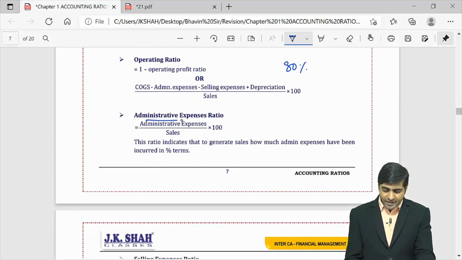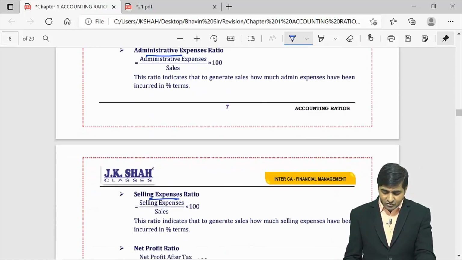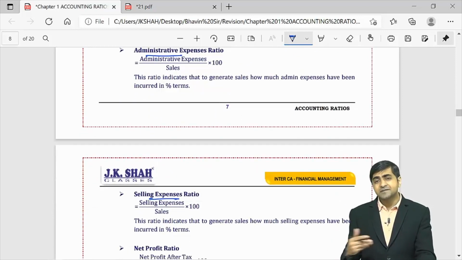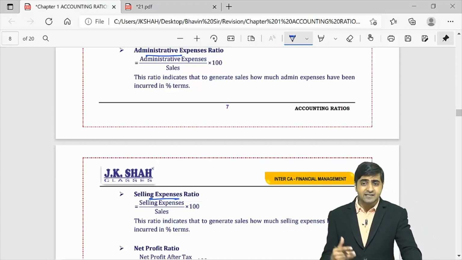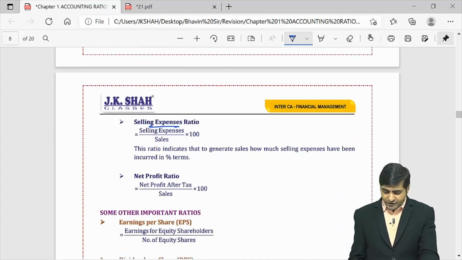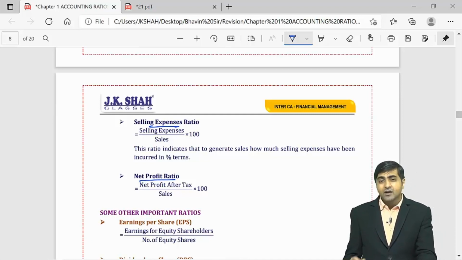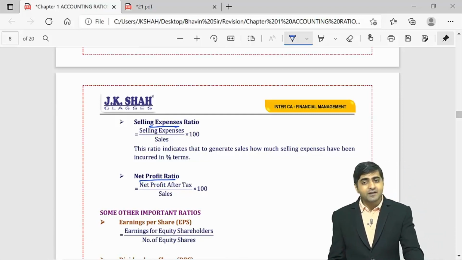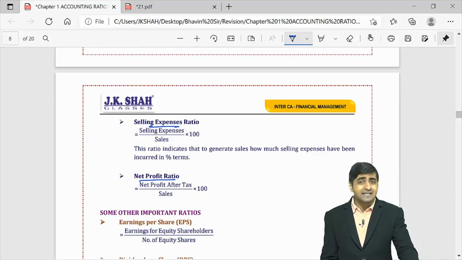All the other ratios like admin expense ratio and selling expense ratio, we take the respective expenditure and divide that by sales into 100. Net profit ratio will always have NPAT upon sales into 100. In the P&L ratios, always remember that we divide everything by sales.